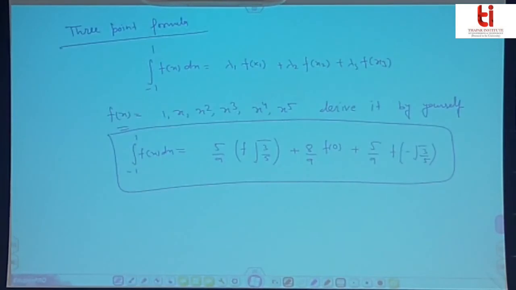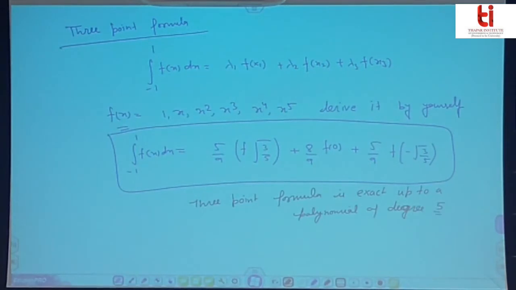And the 3-point formula is exact up to a polynomial of degree 5.